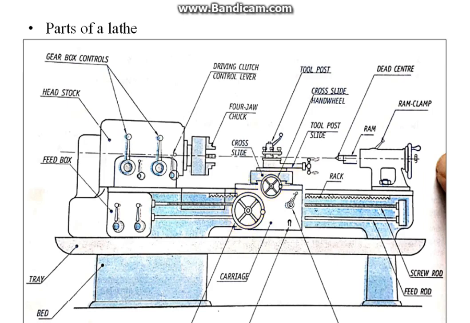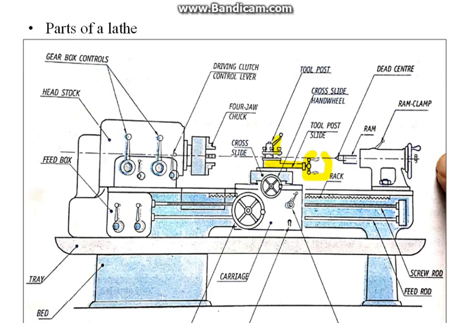Next part is compound rest. It is mounted on the cross slide and supports the tool post. It carries a circular swivel plate. The tool can be swiveled to any angle to obtain the taper surface.